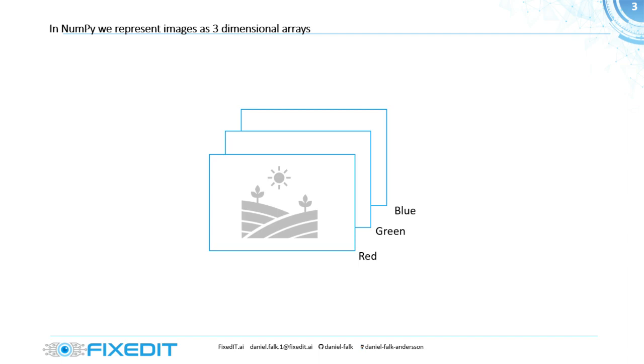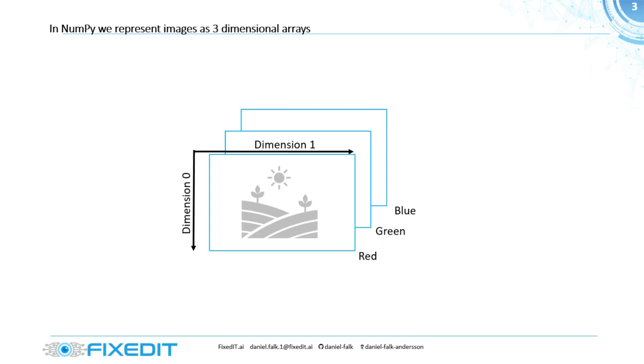So when talking about the images, we have 3 dimensions. The first dimension, dimension 0, is the vertical dimension. It goes along the rows, from row 0, which is the topmost row, to row height -1, which is the bottom row. The second dimension, dimension 1, is the columns.